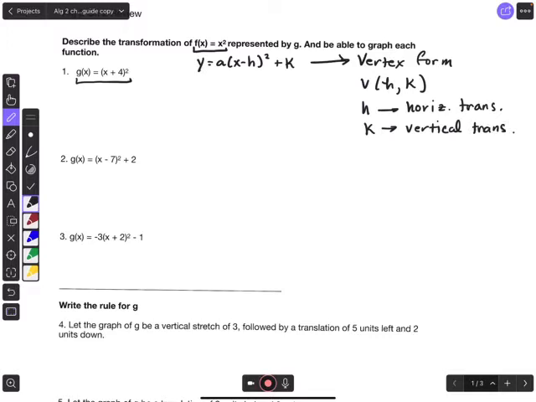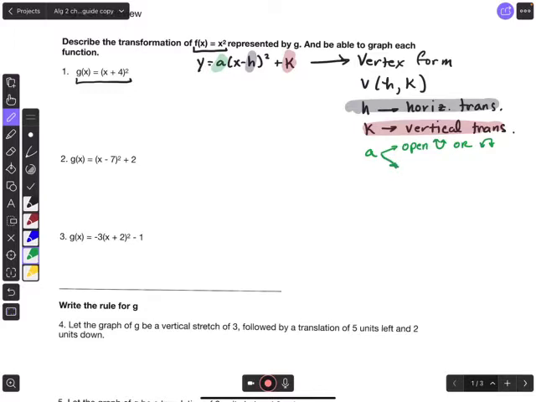The a value, so I'm just highlighting each of these. So there's the h, this is the k, and then lastly the a value. And the a value tells you two things. It tells you, does it open up like this or down like this?